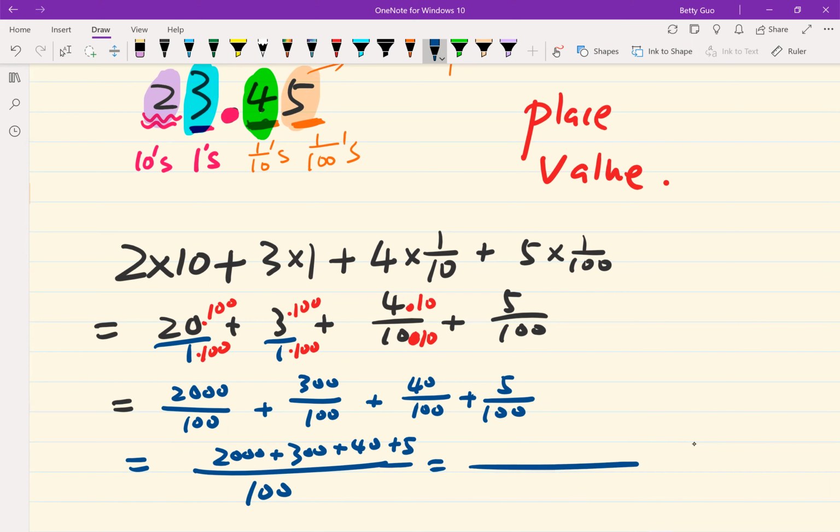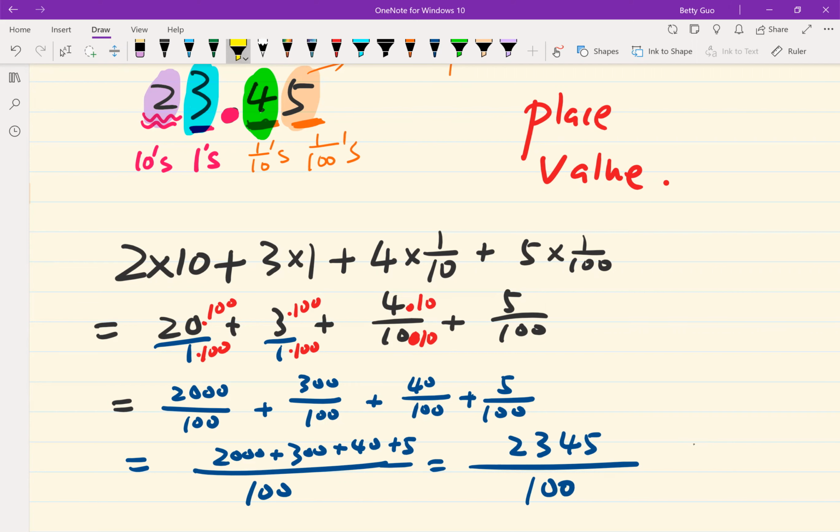Try the numerator and tell me what's the sum in the numerator. 2000 plus 300 plus 40 plus 5. That actually is 2345, right? Correct? Over 100.